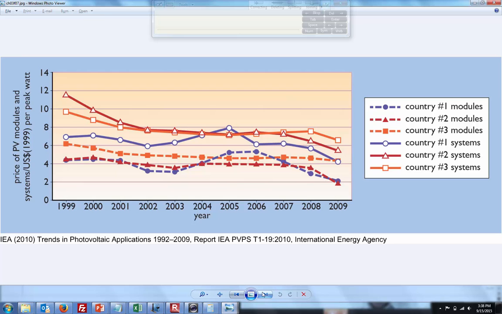I guess one thing that's kind of interesting to me is the orange line. If in fact the 2 orange lines are the same country, it's intriguing that the installation cost would be as low as it is, even though the cost of the modules was as high as it is. So just something to keep in mind.